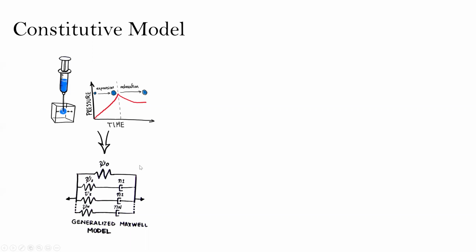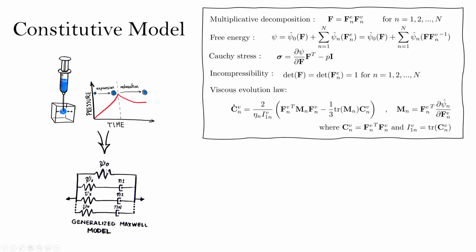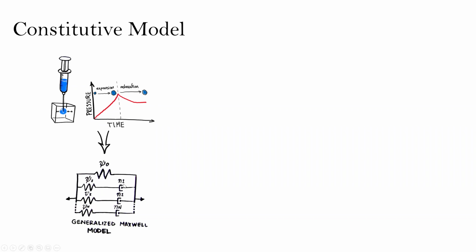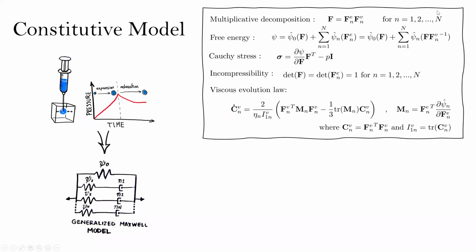The motivation for choosing this model is that we saw from the experiments that when we wait long enough, the pressures relax to some equilibrium value that depends on the stretch, which will be captured by this branch, whereas the rate-dependent effect will be captured by the viscoelastic branches. Depending on how many branches we need to fit the data, we can have one or more branches here.